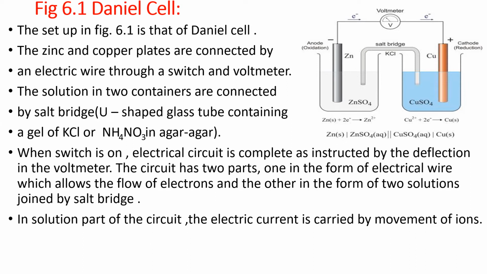The diagram given is the Daniell cell. You have to explain the setup of this diagram. The setup in figure 6.1, the Daniell cell, is that the zinc and copper plates are connected by an electric wire through a switch and a voltmeter. The solutions in the two containers are connected by a salt bridge.